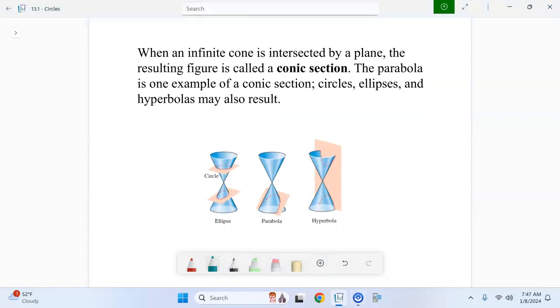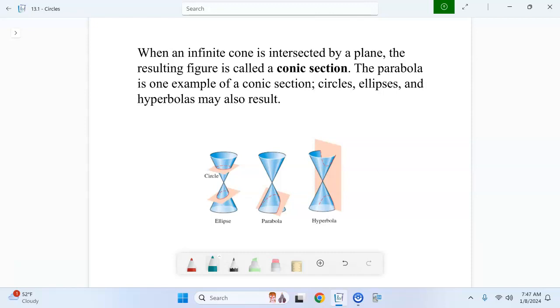So this is going into the broader unit that we call conic sections. The reason they're called conic sections is because if we take an infinite cone such as this and slice it different ways with a plane, depending on how that slice goes through, it forms one of these four features. It forms a circle if we slice the cone perpendicular, or parallel.